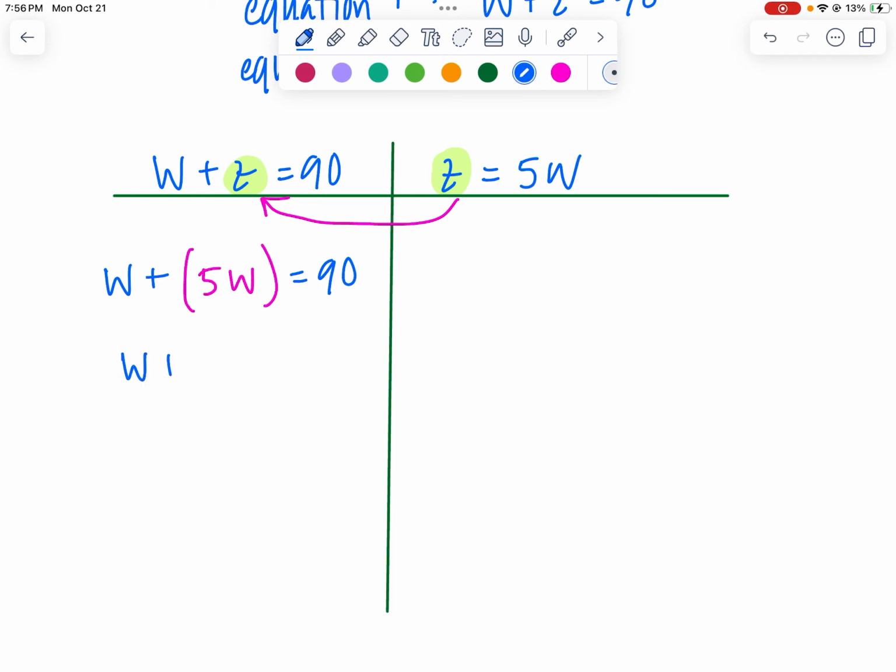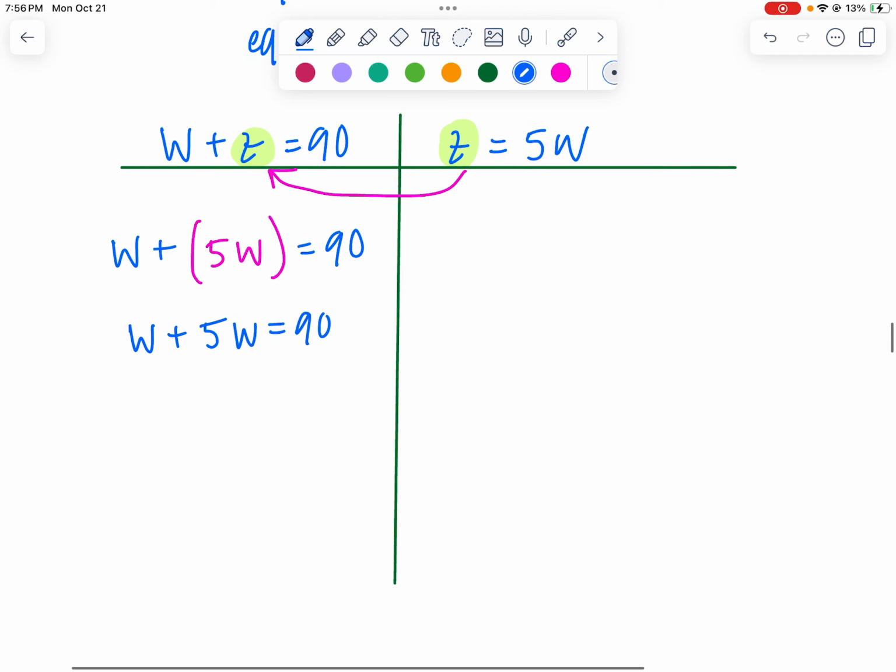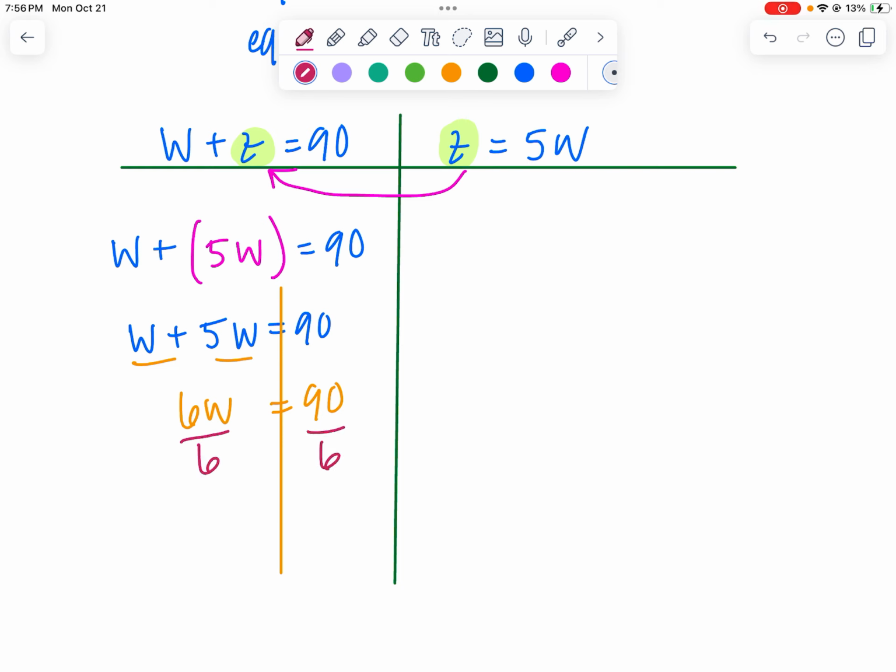So we're doing W plus 5W is equal to 90. And then we can solve from there. If I combined my like terms, W plus 5W gives me 6W is equal to 90. And last but not least, we have to divide both sides by 6. So W is equal to 15.